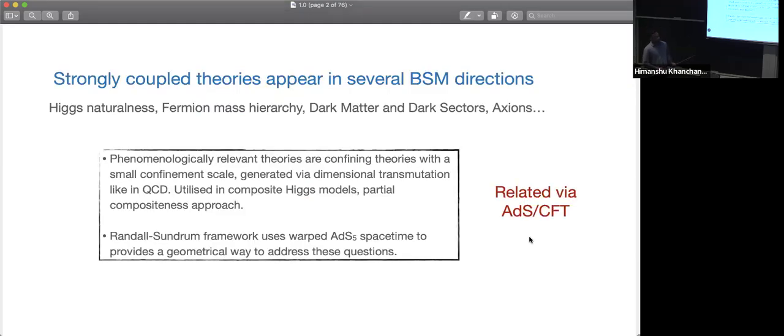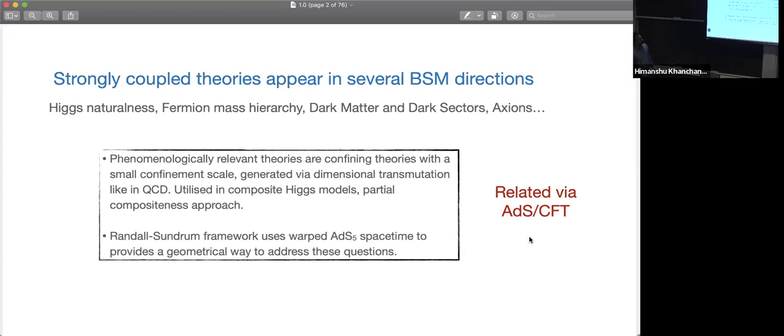Okay, so just some broad motivation. Strongly coupled theories appear in many BSM directions. Traditionally, they were thought of for Higgs naturalness or fermion mass hierarchy. Now people think about them in the context of dark matter, dark sectors, axions, and whatnot. The phenomenologically relevant theories are confining theories, usually with a small confinement scale compared to the cutoff of the theory.